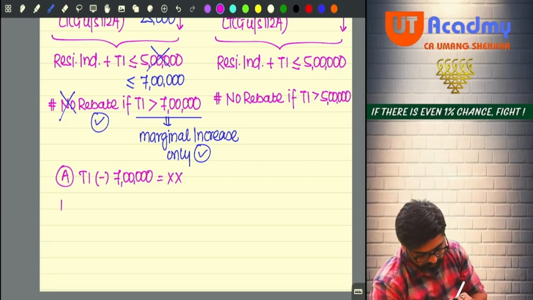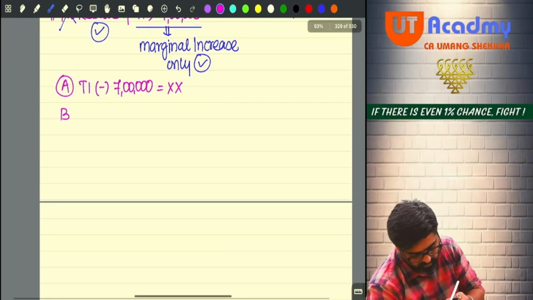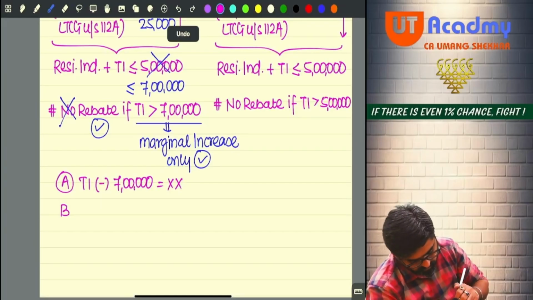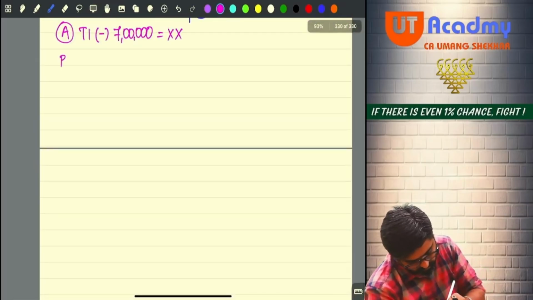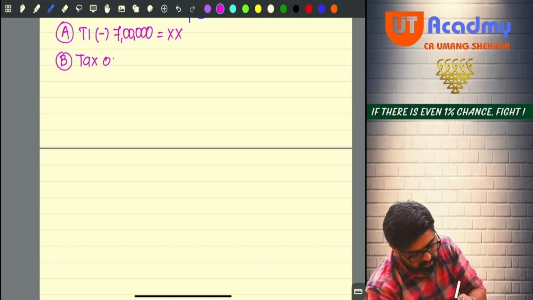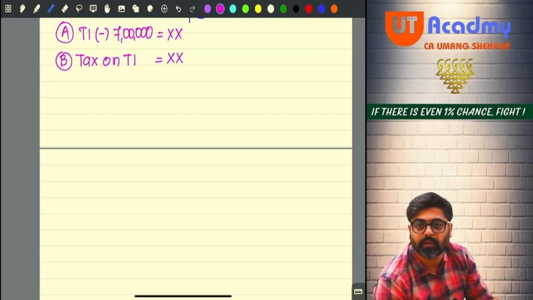Do one thing. Tell us what is the tax liability on your total income? So first you will have to calculate the tax liability on your total income.